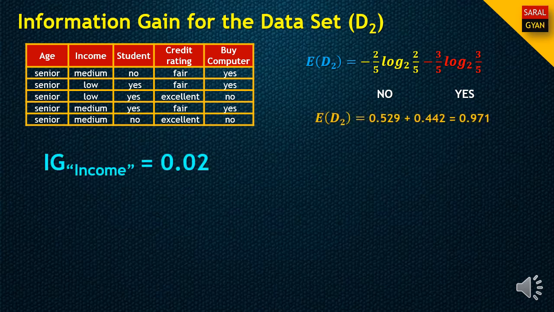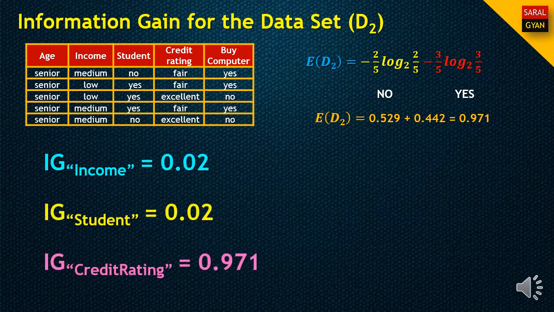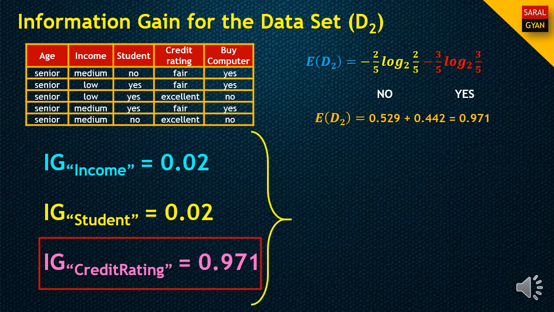I have directly calculated the information gain for income, student and credit rating. For income and student it is 0.02, and for credit rating it is 0.971. Hence in data set D2 the attribute with the highest information gain is credit rating, so that should be taken for the second level of splitting on the D2 side.